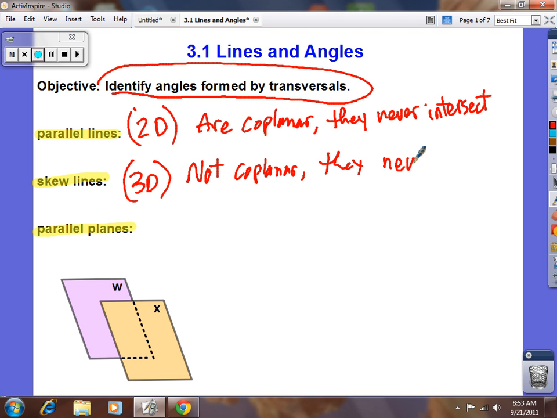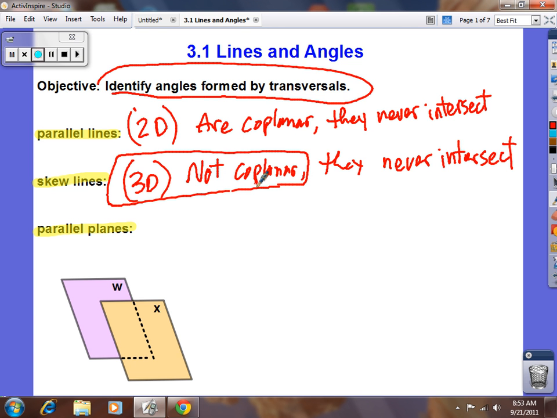They never intersect. So how is that possible? How can two lines never intersect? They could. This is the key. It's in 3D. That means they're not on the same plane.